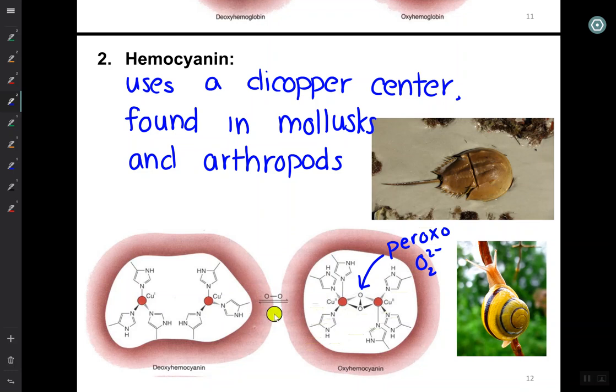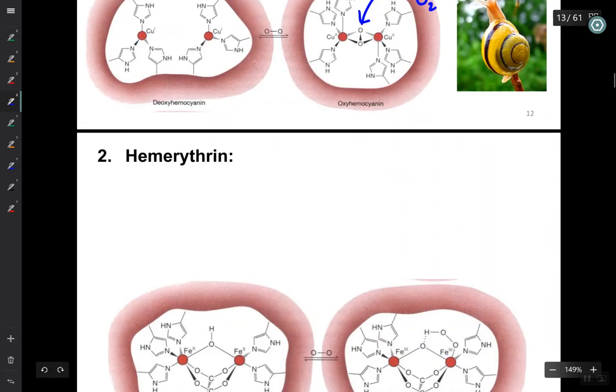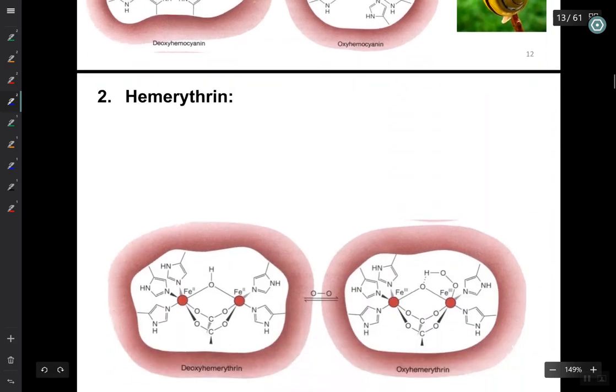And notice this equilibrium arrow, because it can bind O2, but more equally important is that it can release O2. That's how it serves as an O2 transporter. And the last example, which we actually talked about earlier in the semester, is hemerythrin.